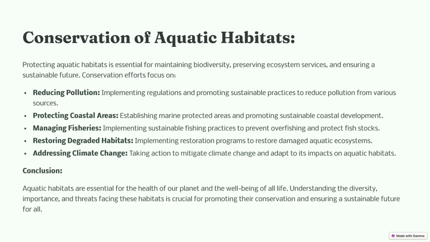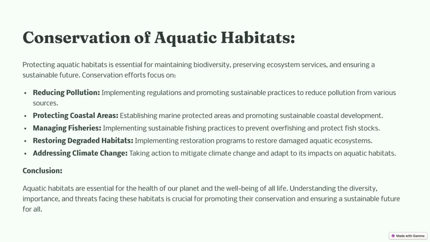Conservation efforts focus on reducing pollution, implementing regulations, and promoting sustainable practices to reduce pollution from various sources. Okay, protecting coastal areas, establishing marine protected areas and promoting sustainable coastal development.